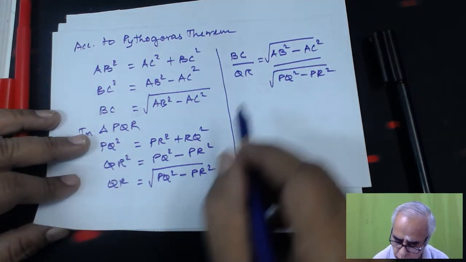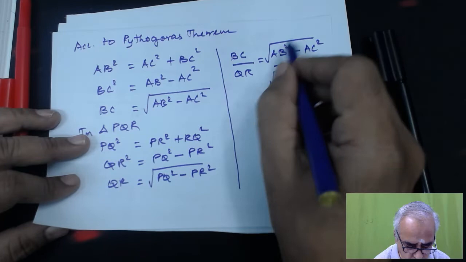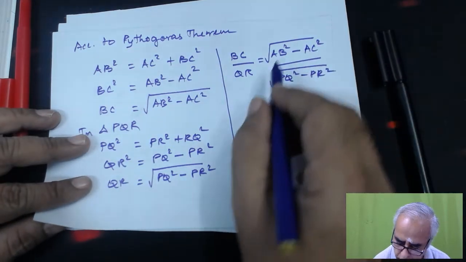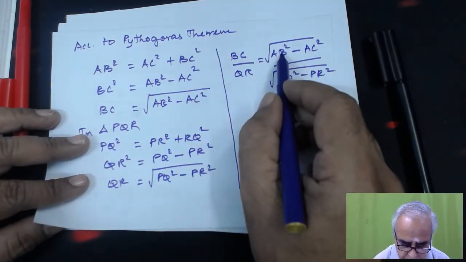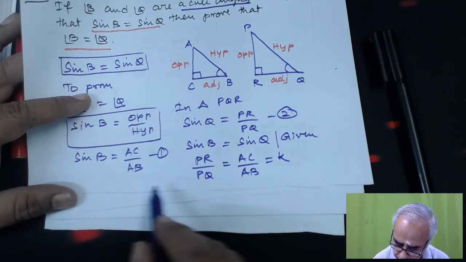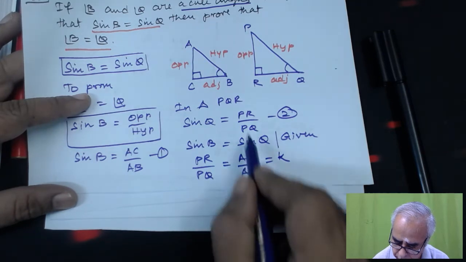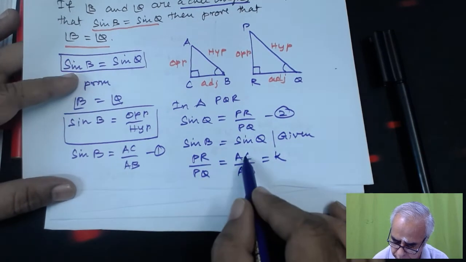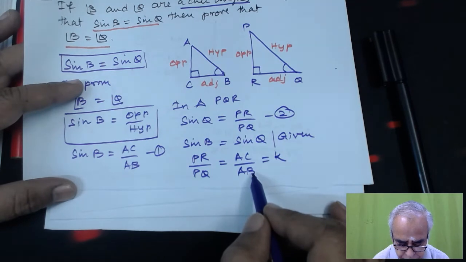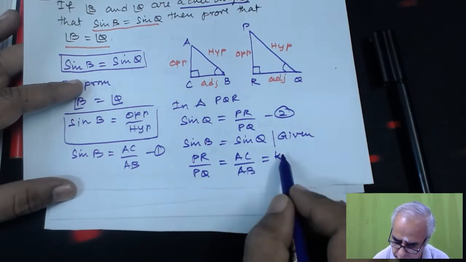Therefore we can take square root here, and we already know AB squared. Here we are given AC by AB, is it not? AC by AB is equal to K.